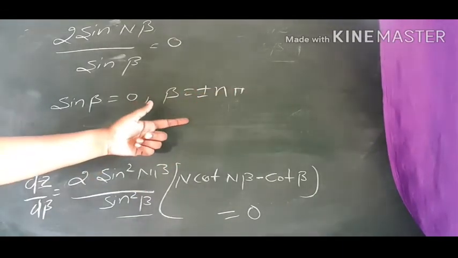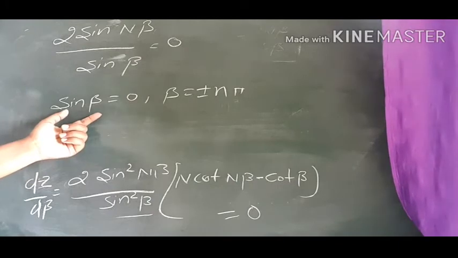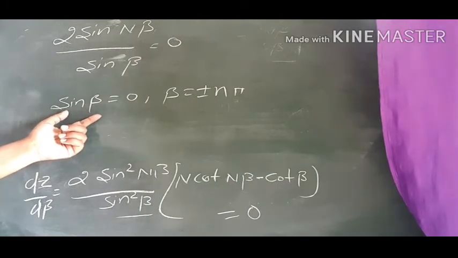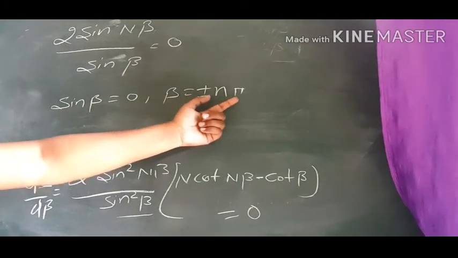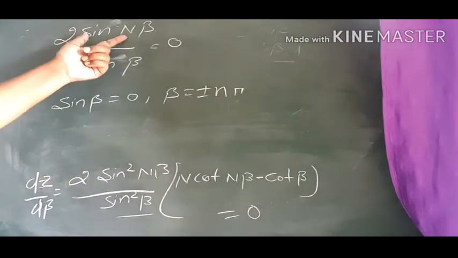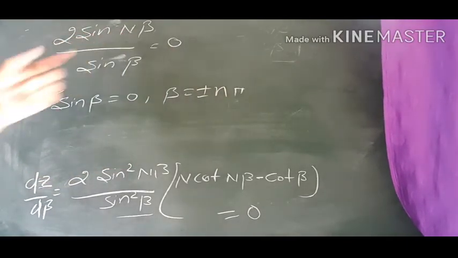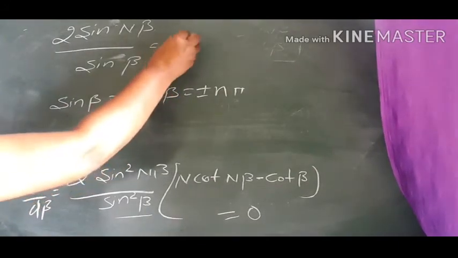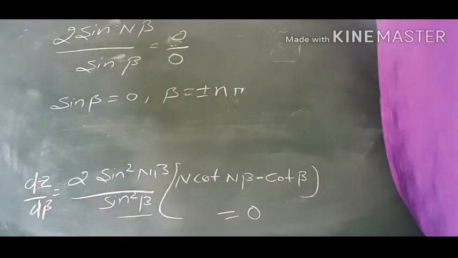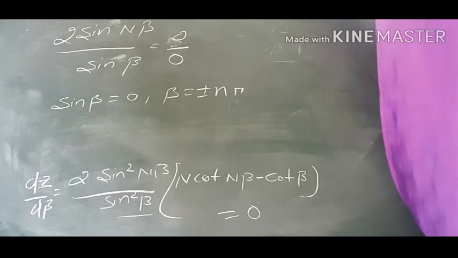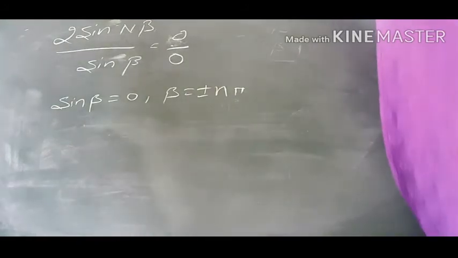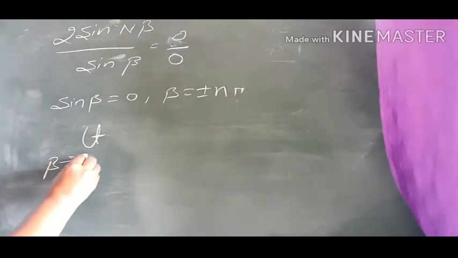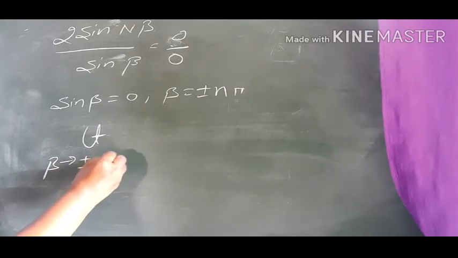For beta equal to plus minus n pi, sine beta is equal to 0, and this term is also equal to 0. So we have a 0 by 0 term, which is indeterminate. So we have to apply L'Hospital rule, with beta tending to plus minus n pi.